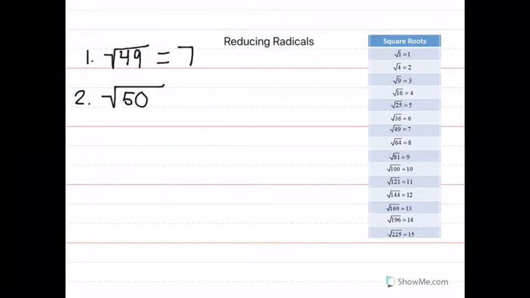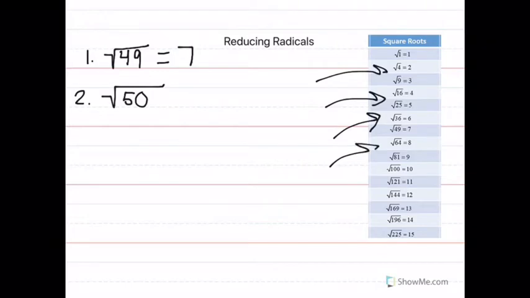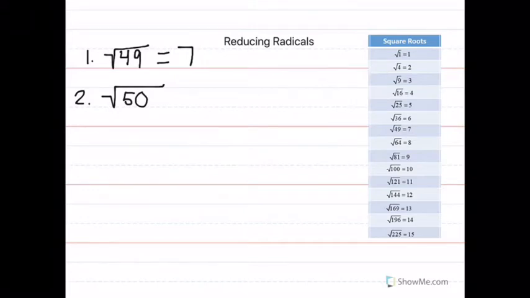Looking at 50, we want to see what number under the radicals over here is a factor of 50: 1, 4, 9, 16, 25, 36, 49. What number there is a factor of 50? Hopefully you notice that it's 25. 25 is a factor of 50.